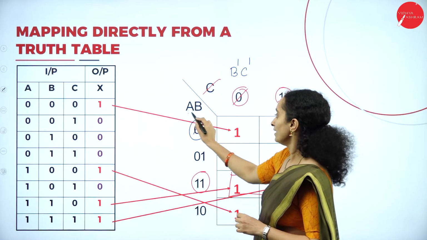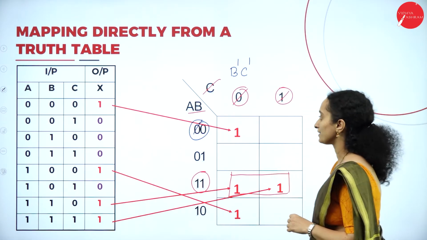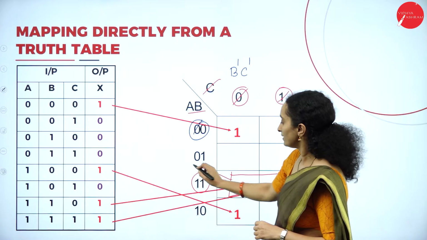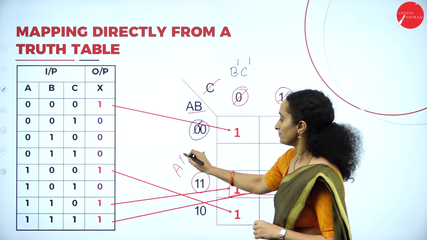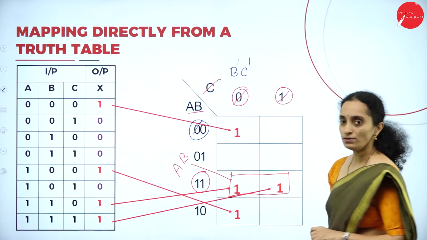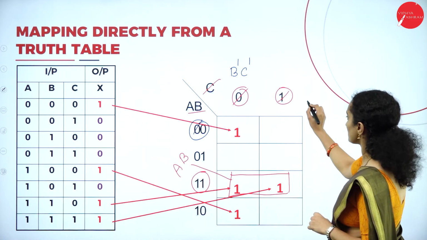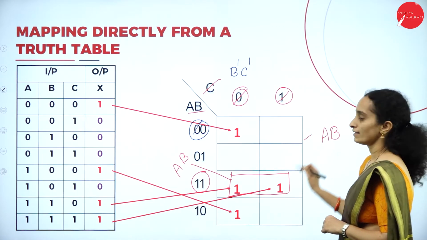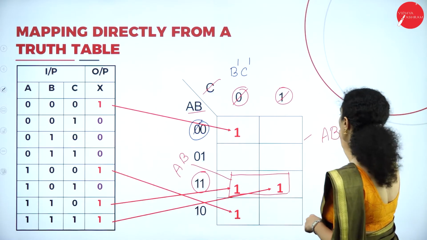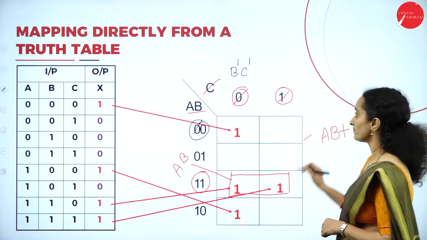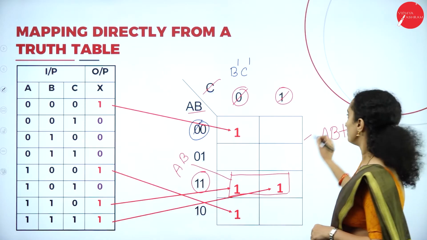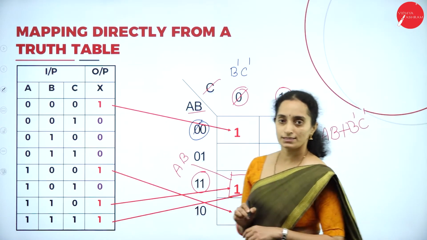Remaining is the A, B. Expression will be A, B for this group. Now, the final simplified expression for this is AB plus B into B dash into C dash.